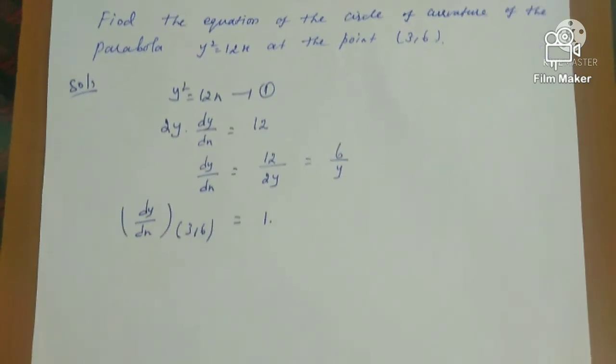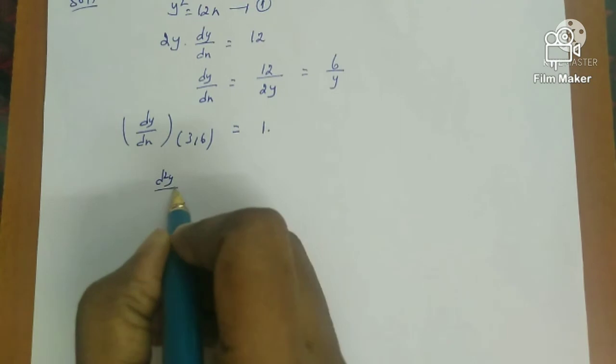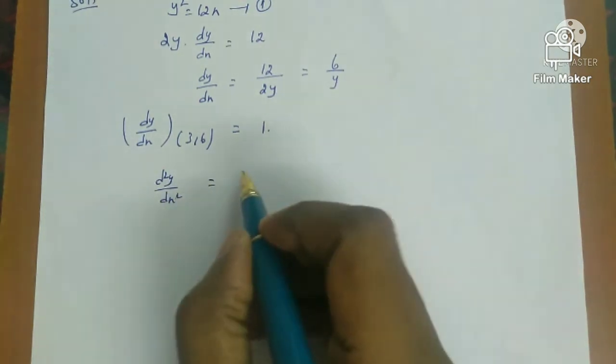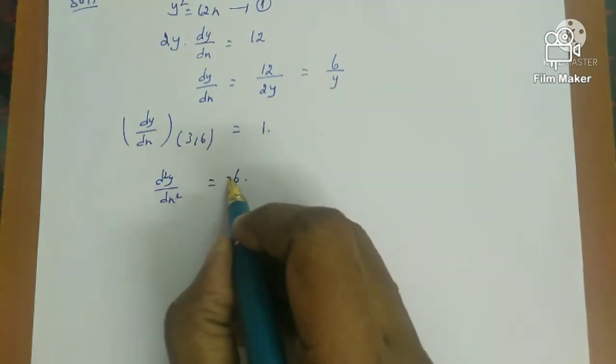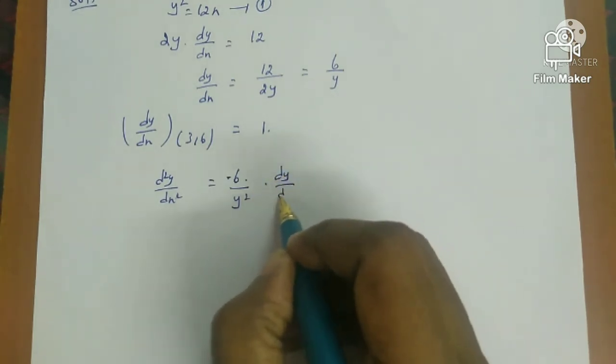Now the second derivative, d square y by dx square. 6 by y, so 6 is a constant. Differentiation of 1 by y is minus 1 by y square into dy by dx.